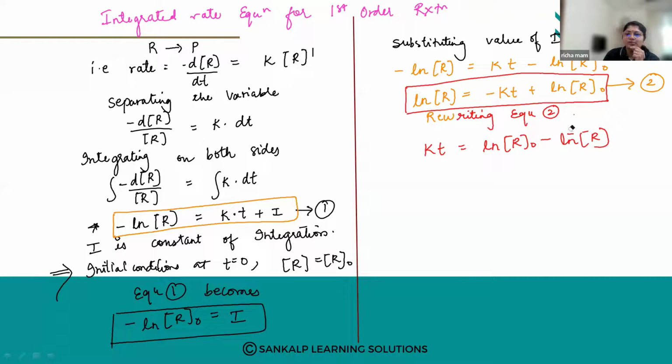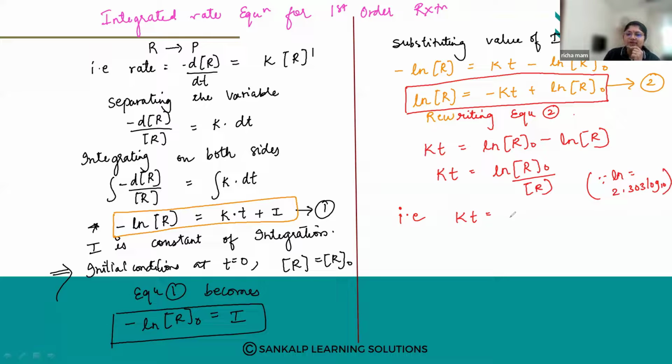Now ln of r naught minus ln of r will be ln of r naught by r. So kt is equal to ln r naught by r. Now ln is equal to 2.303 log of 10.